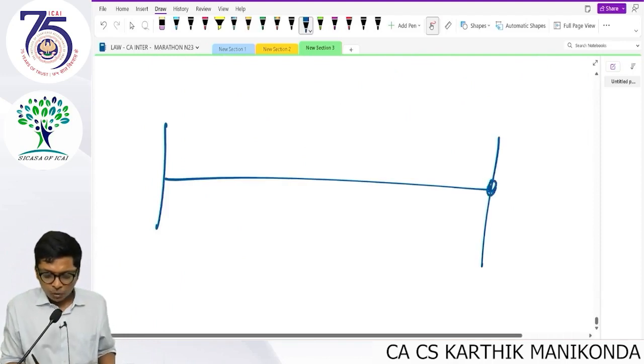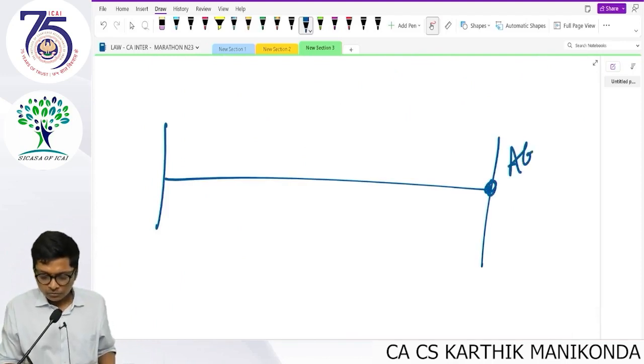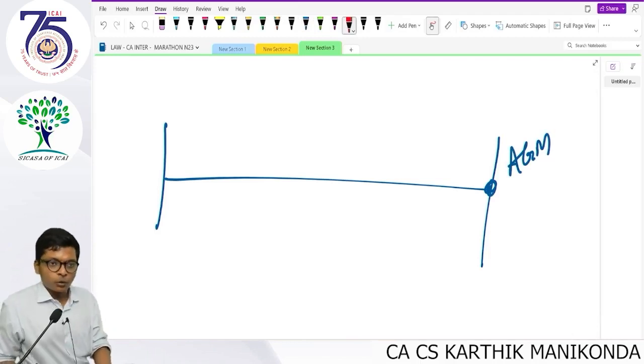Electronic vote. Let me give you a timeline. Simple timeline for electronic voting.